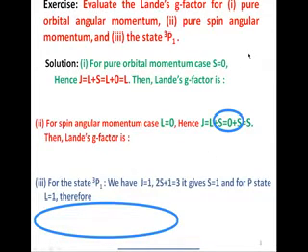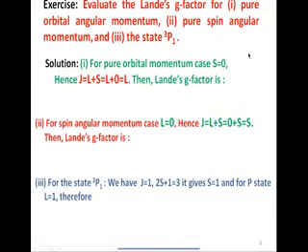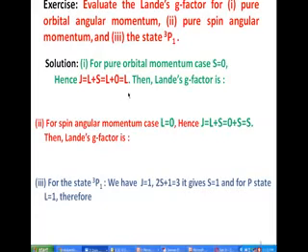So if you would like to calculate the Lande factor, let us do an exercise to calculate the Lande g factor. This is a very important question even in the UGC NET examination. A number of times this type of question is asked. So let us evaluate the Lande g factor for pure orbital angular momentum, that is, for an atom which has pure orbital angular momentum.